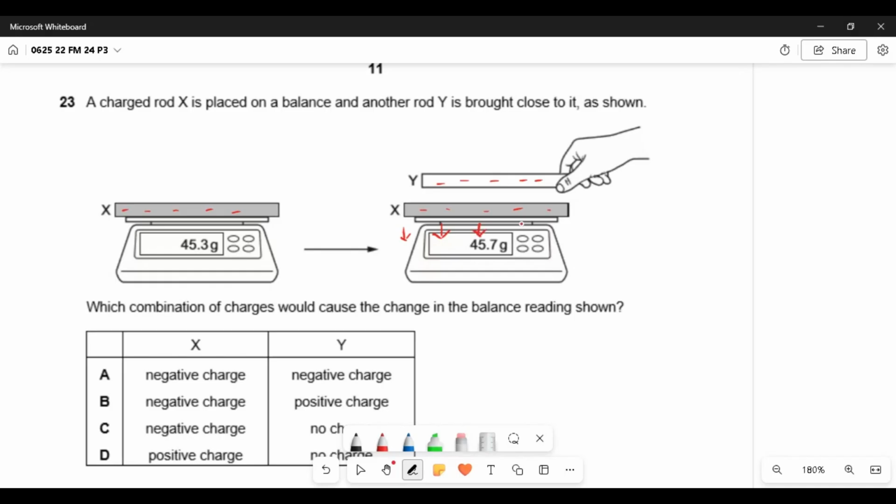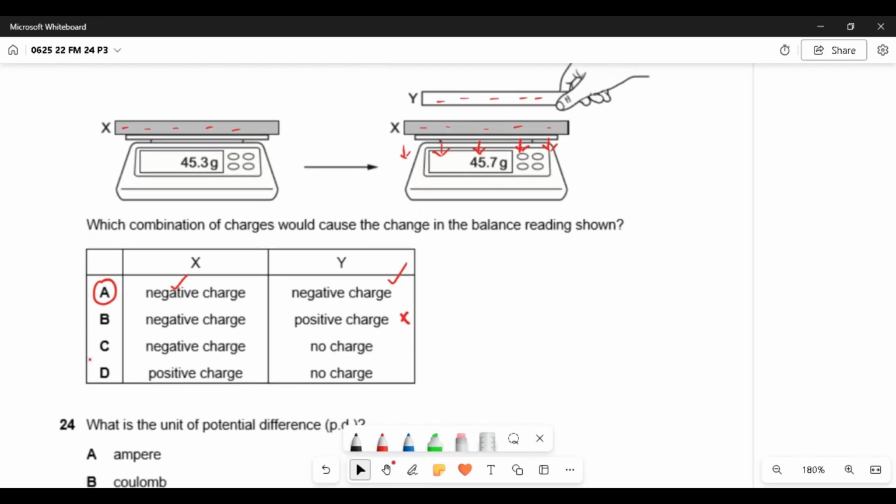The same charges repel each other. So if X is negative, Y is also negative. If X is positive, Y should be positive. Negative and positive, no. Negative and no, no. Positive and no, no. So option A is the right choice for me.